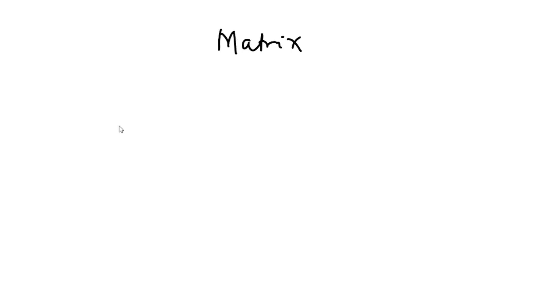Matrix. Now, basically, what is a matrix? It is a rectangular array of elements, either numbers, parameters, or variables.